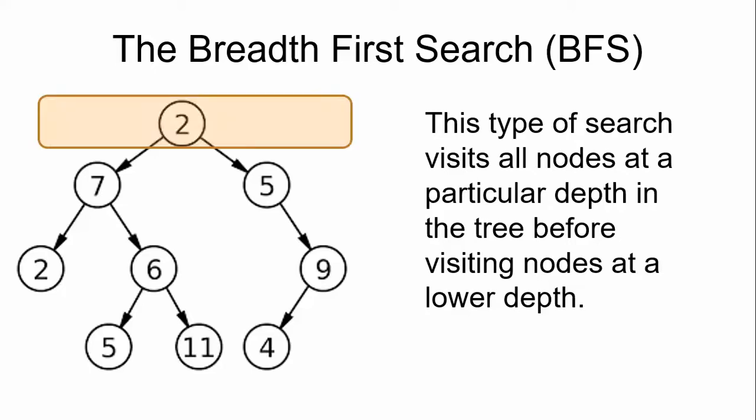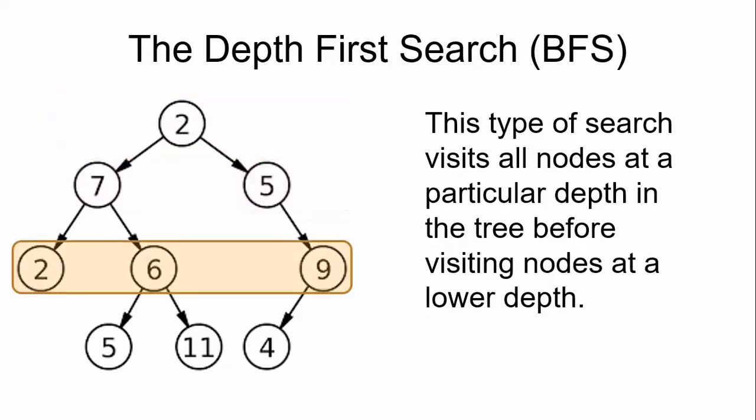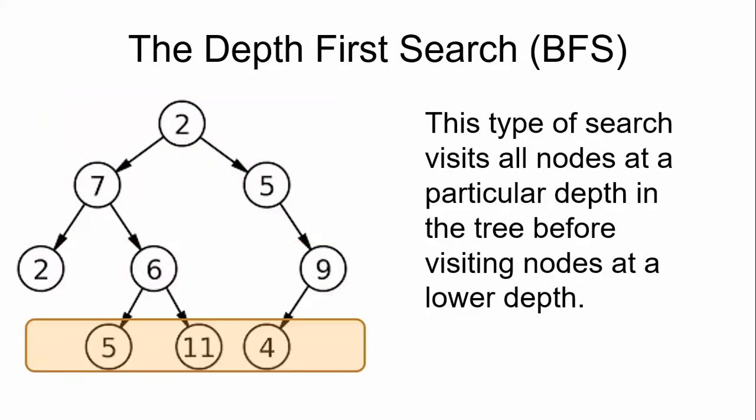It would visit the top layer of the tree or of the graph, and then it would visit the next layer down, and then the next layer down, and then the next layer down. That's really cool. If you had asked me how to do that, I'm not really sure. That's magic, but actually, it turns out if we use a queue, we can do that very easily, and that's what we're going to do.